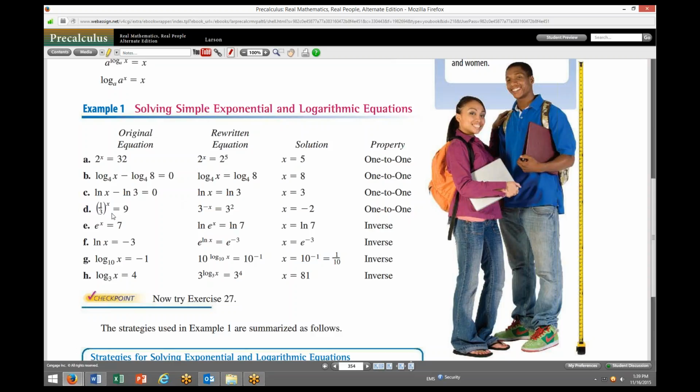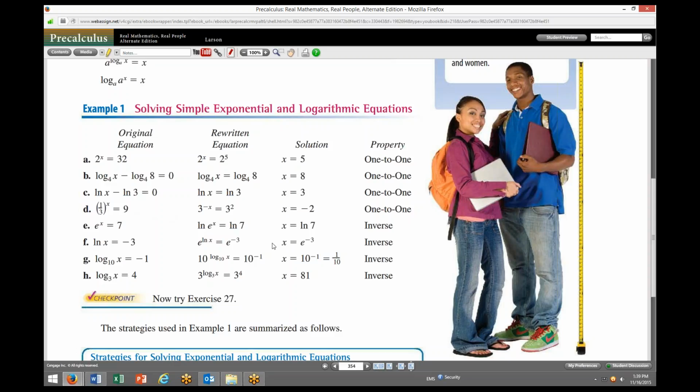And if you recall your laws of exponents, something to a power itself raised to a power, you simply multiply the two exponents together. So 3 to the -1 to the x is 3 to the -1 times x, and -1 times x is just -x. So 3 to the -x, as they've written here in the rewritten column, equals 9, which is 3 to the 2.